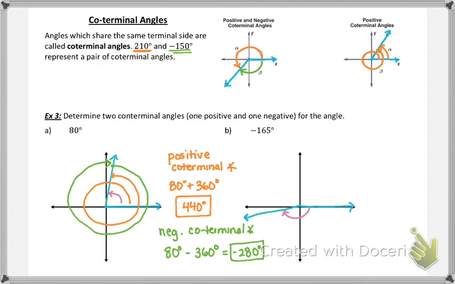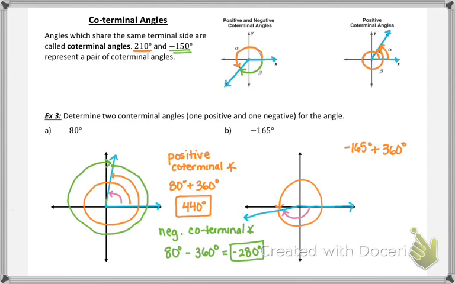And so to find a positive coterminal angle, we're just going to take negative 165, start where my angle is, and add 360. So go around once in the positive direction. So I'm going to go from here around once, plus 360, and then I'll end up at the same spot.